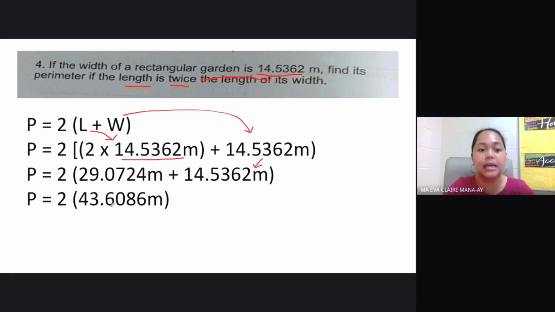Okay, that is the answer to the addition of 29.0724 meters and 14.5362 meters. Now, the last step that we need to do is to multiply 2 by the number that we have in the parentheses. And so we know that the perimeter is equal to 87.2172 meters. That should be the answer.